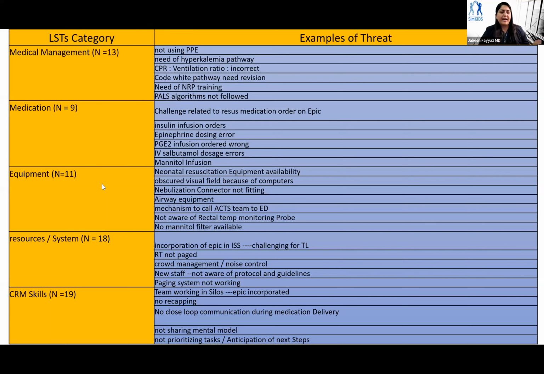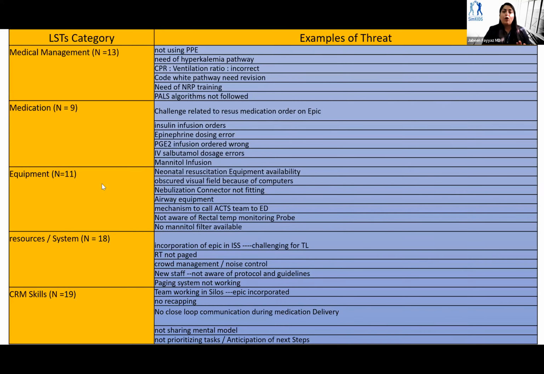I'm passing through this a little quickly, but you can see they were in all the areas: medical management, medication errors, equipment either not available or people not aware what it is, resource and system related, and crisis resource management related.